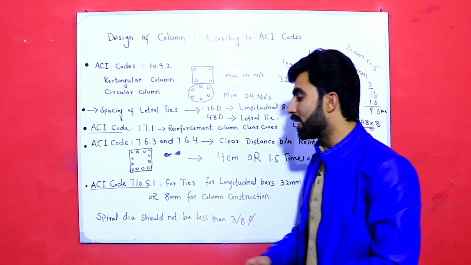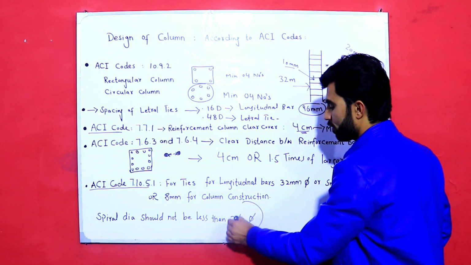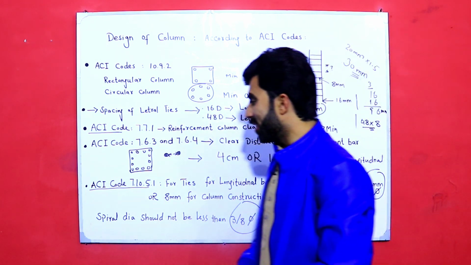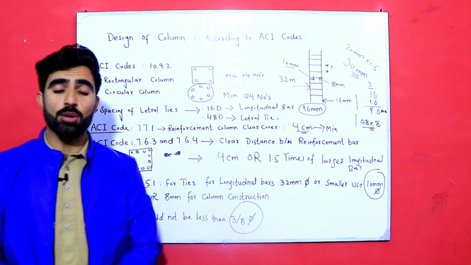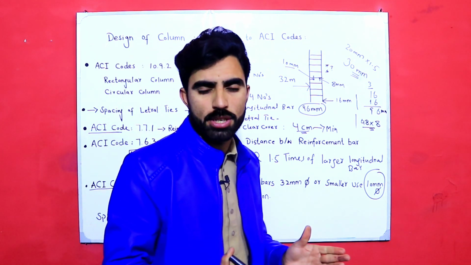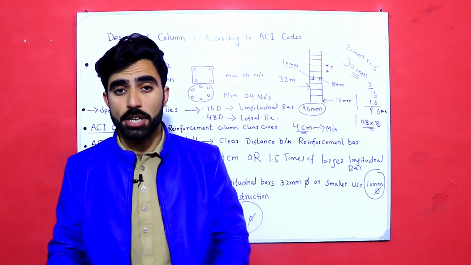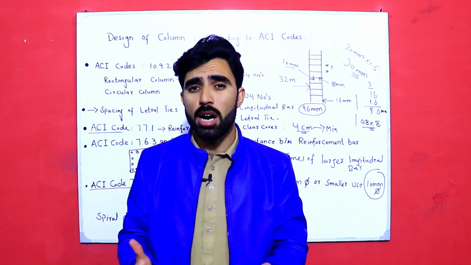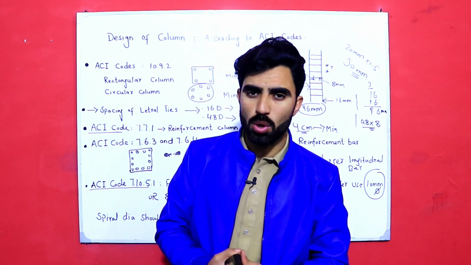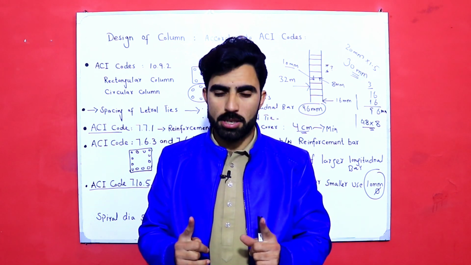Now guys, for circular columns, the spiral dia should not be less than 3/4 inch dia. Here is another point: why we are using lateral ties in an RCC column. Longitudinal bars are used in beam, column or slab, but especially in columns, from ACI code, lateral ties can hold the longitudinal bars.